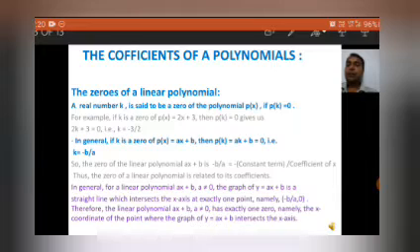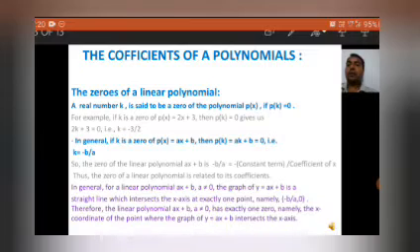In general, for a linear polynomial ax plus b, a not equal to 0, the graph of the linear polynomial ax plus b is a straight line which intersects the x-axis at exactly one point. That point is (minus b by a, 0).